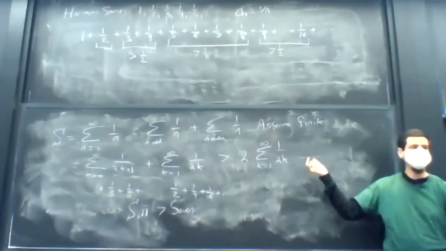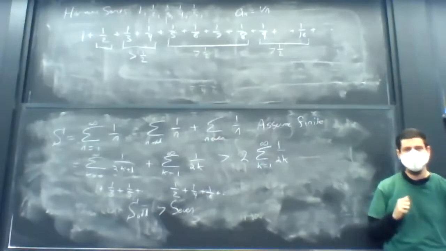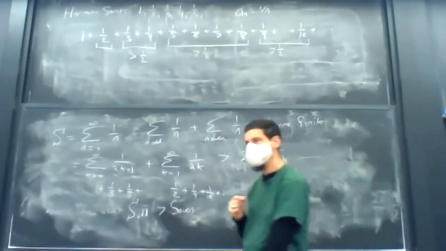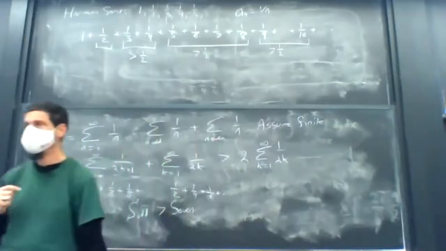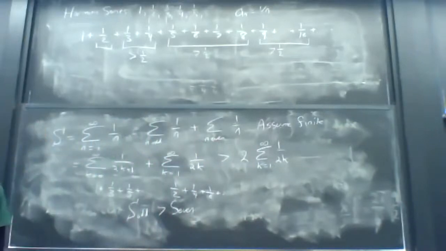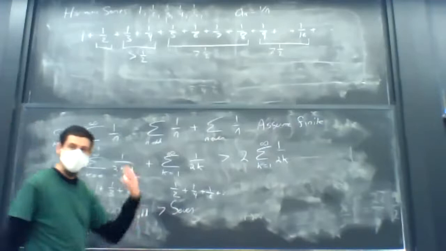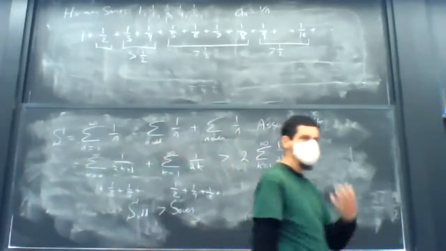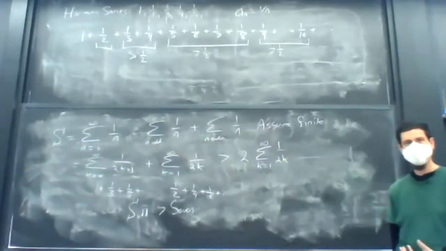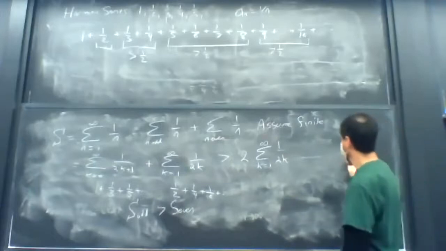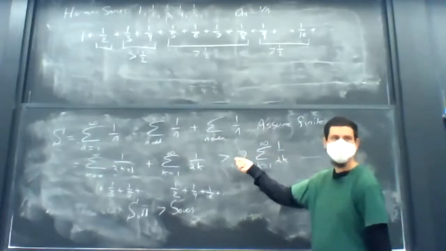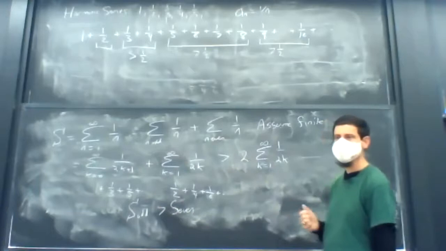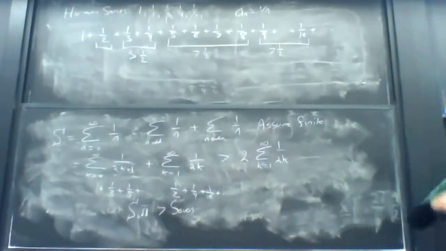I have the sum of 1 over 2k. What can I do to that sum? I can take the 1/2 out. Whenever you have a sum, if you have a constant term hitting everything, just pull out that constant. If I pull out the 1/2 and I have a 2 over here, what happens when the 2 hits the 1/2? It goes away.